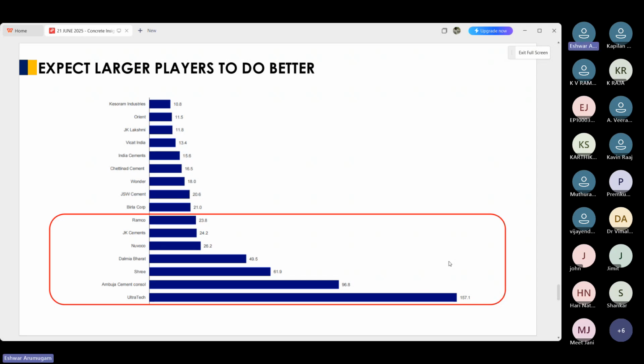Typically, larger cement companies are associated with a diversified or pan-India presence, which results in lower earnings volatility. Let's say Ultratech is present in all the five key markets in India. When the southern market is facing a downturn, it will be counterbalanced by, let's say, the east market growing at a higher rate. So the earnings volatility will be more subdued for the larger players.